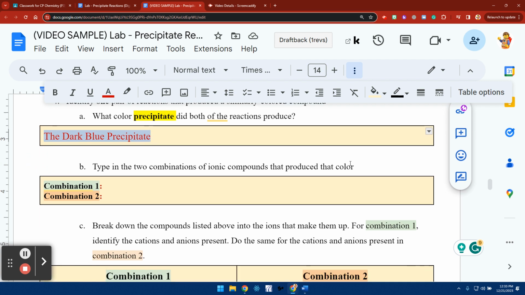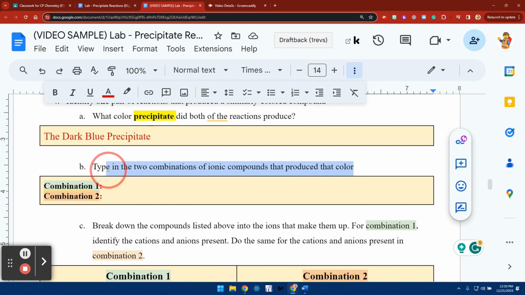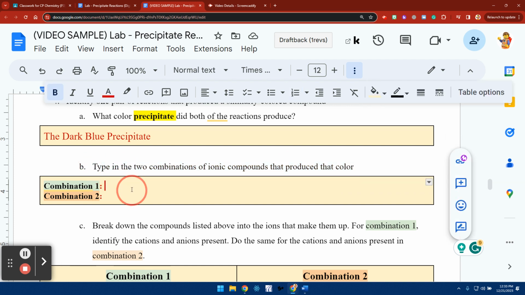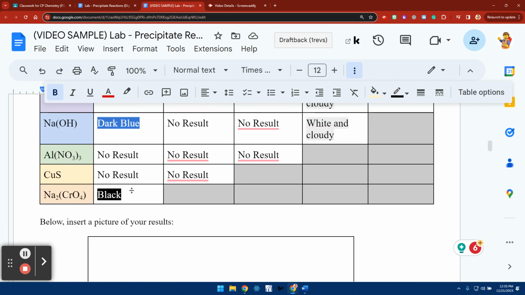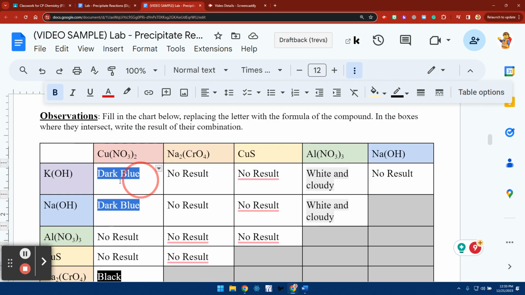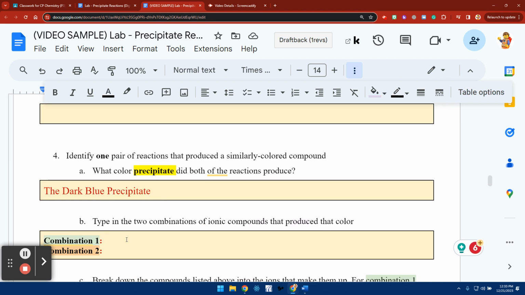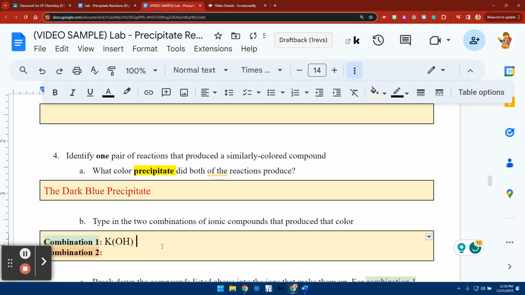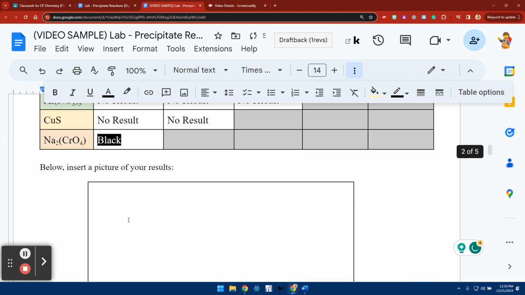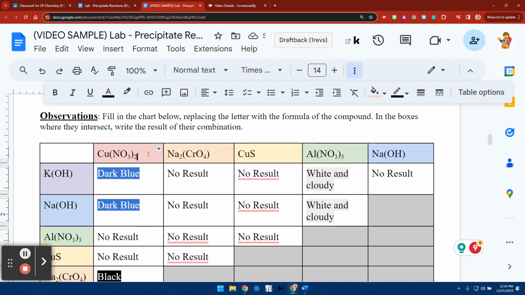All right, next, type in the 2 combinations of ionic compounds that produced that color. Well, instead of typing, I am just going to go pull them directly from the chart here, okay? So this dark blue was produced from KOH, potassium hydroxide, and copper 2 nitrate. So I'm going to grab that, KOH. All right, bring that in. And what else? KOH and Cu(NO3)2.